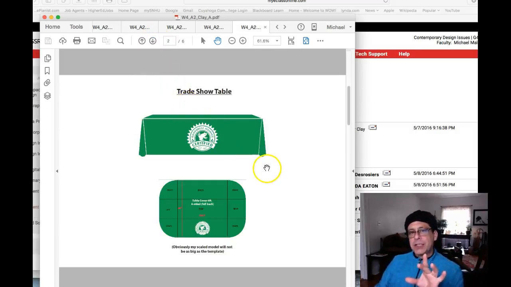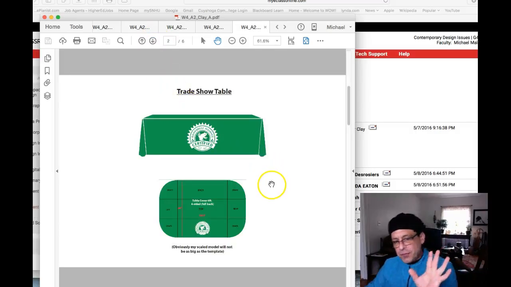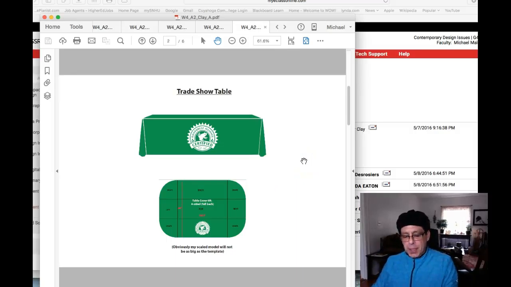We go to our trade show table, and the first thing I want to mention is that the project specifically requires a trade show booth, not a tablecloth. So this is really off the mark here. And I also think that you haven't talked about sustainability at all.